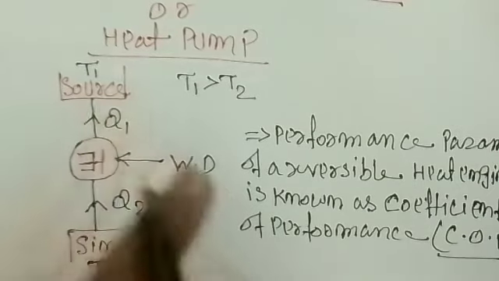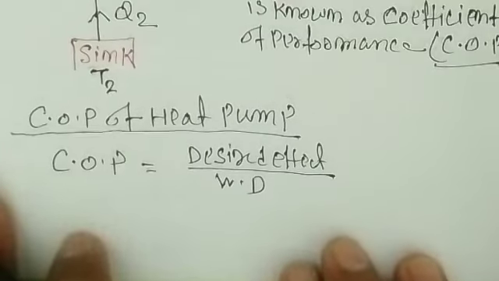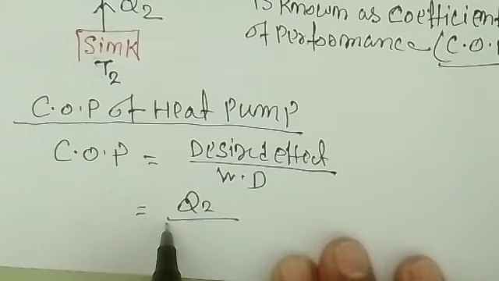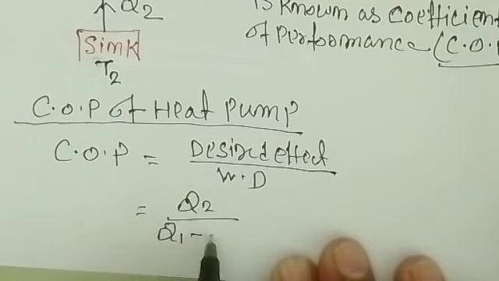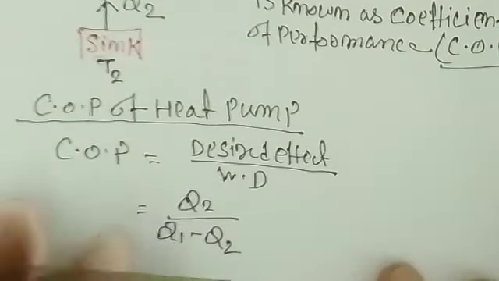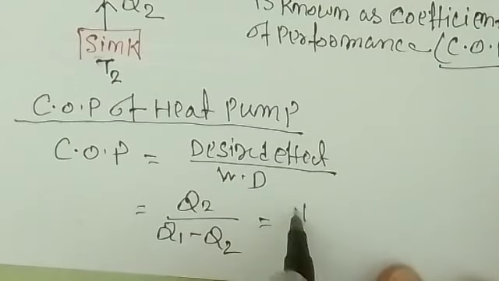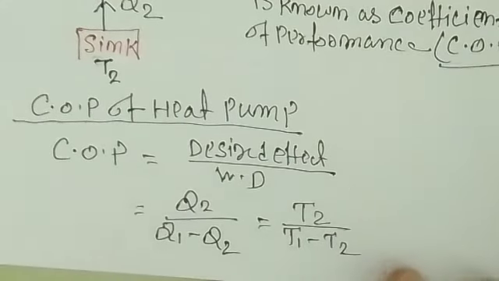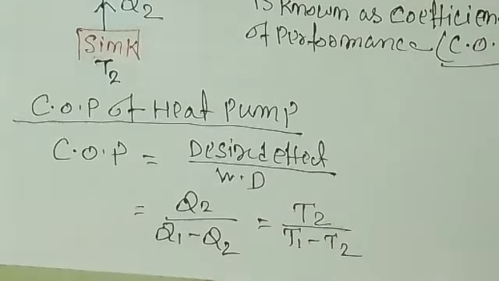So output is Q1 and this is your input. Desired effect means you are heating, so Q1 by work done, where work done is heat supplied minus heat rejection, that is Q1 minus Q2. So COP of heat pump is nothing but T1 by T1 minus T2. So this is the COP of a heat pump.